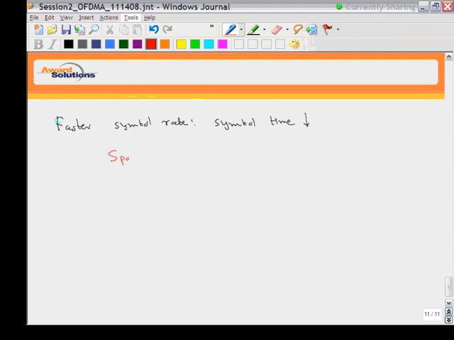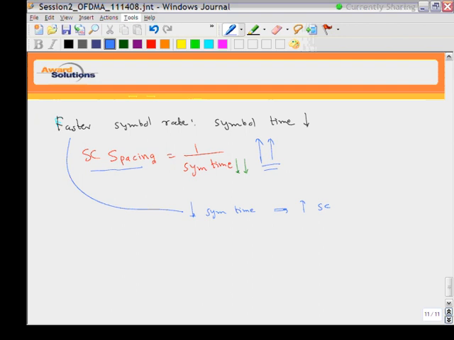Now we mentioned the relationship between the subcarrier spacing and the symbol time. Inverse relationship. So if your symbol time goes down, if the denominator goes down, what happens to the ratio? The ratio goes up. It means the subcarrier spacing goes up. The faster the symbol rate, the lower the symbol time, and the higher the subcarrier spacing.